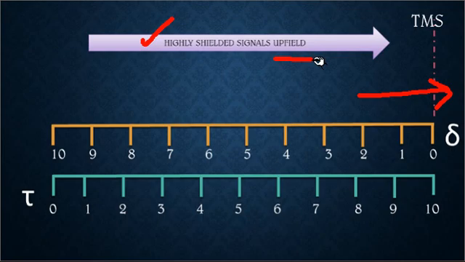Shielding means the induced magnetic field is in the opposite direction of the applied magnetic field, so the proton will need more field to get flipped. So the signals will be observed at upfield in case of the shielding effect.